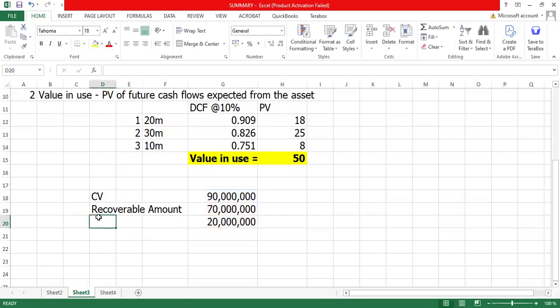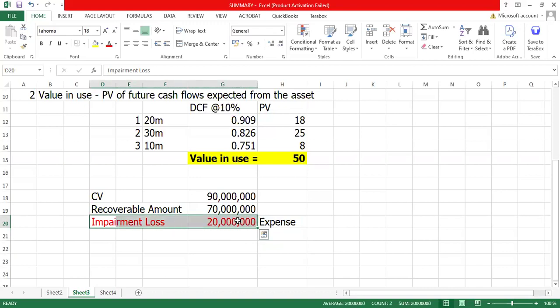So here you have the impairment loss. Remember, impairment loss is an expense. So in your income statement, under administrative expenses, you have to indicate the impairment.